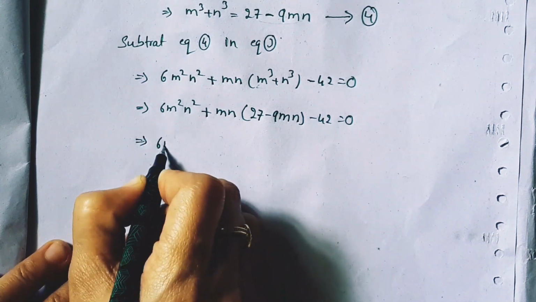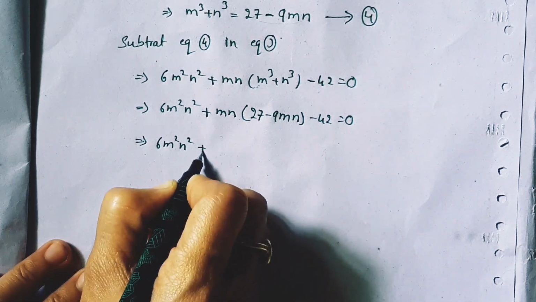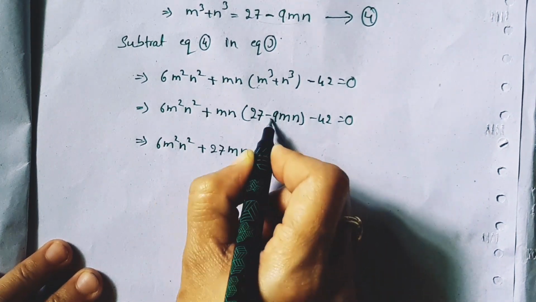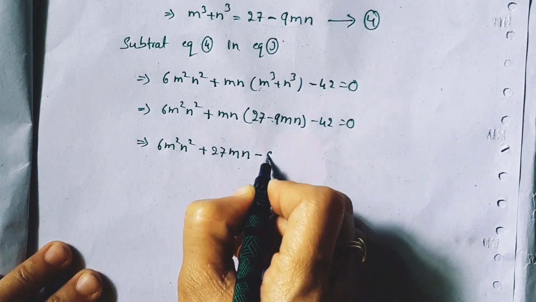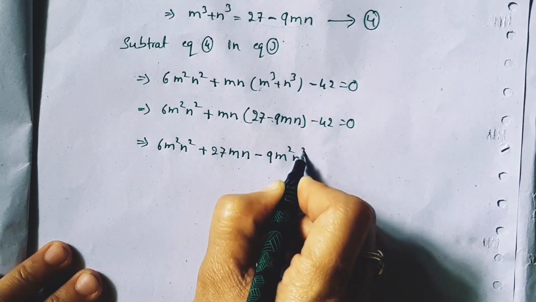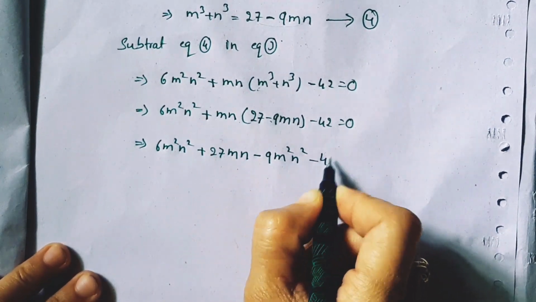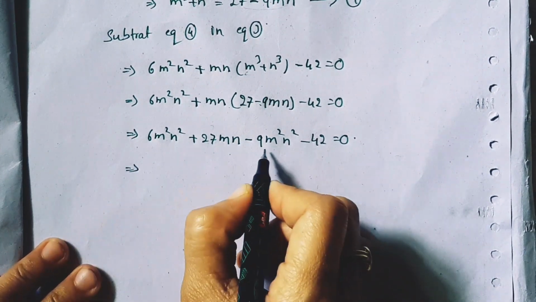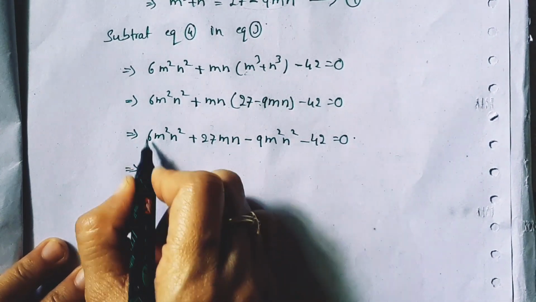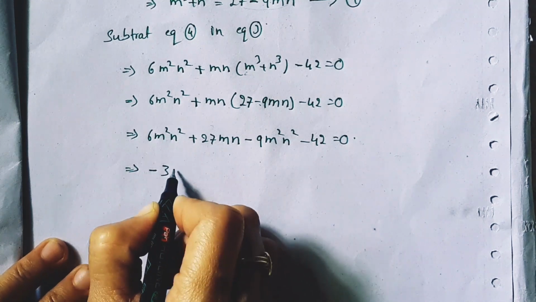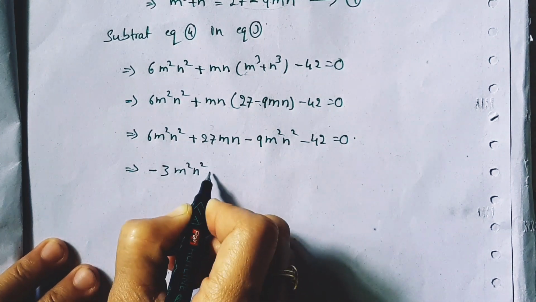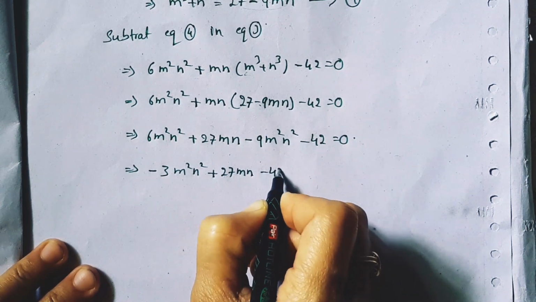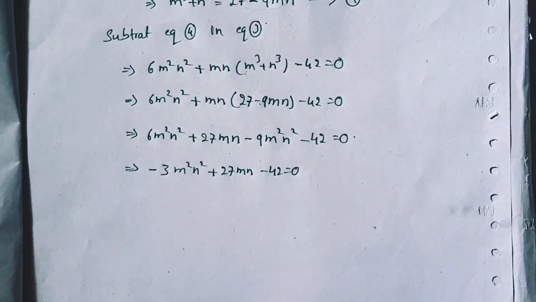That implies 6m square n square plus 27mn, plus into minus, minus 9m square n square, minus 42 equal to 0. That implies 9m square n square and 6m square n square means minus 3m square n square plus 27mn minus 42 equal to 0.